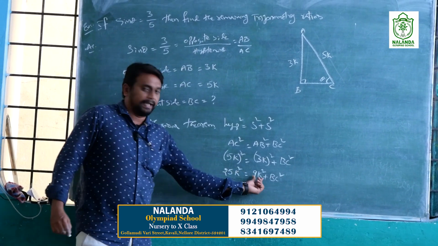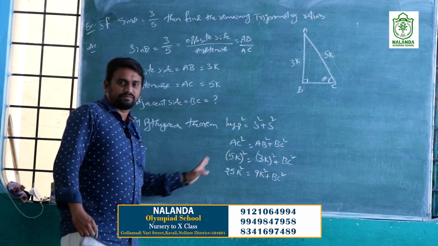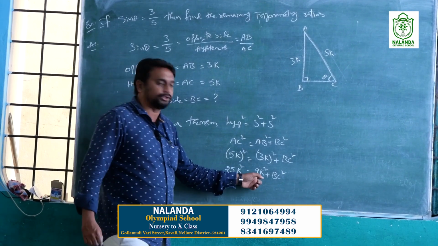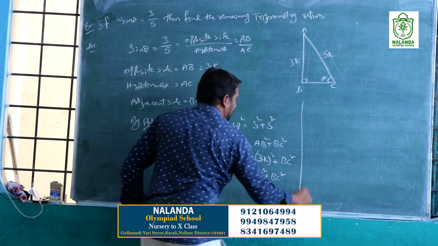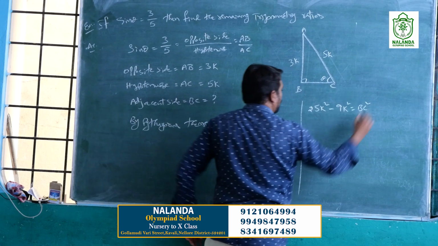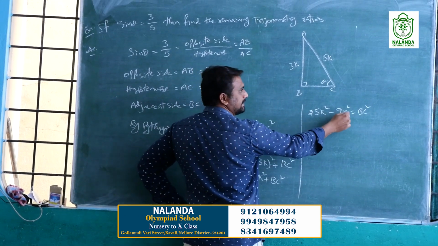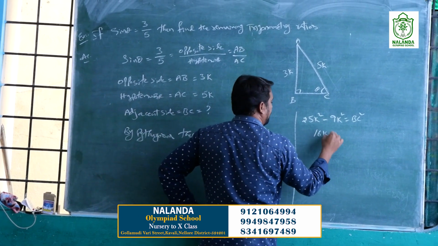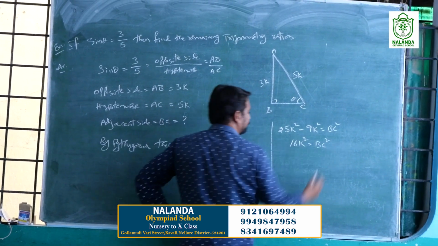Now send the 9K square onto the left side of the equation. It is a positive value, so it turns to a negative value, minus 9K square. So 25K square minus 9K square gives 16K square.